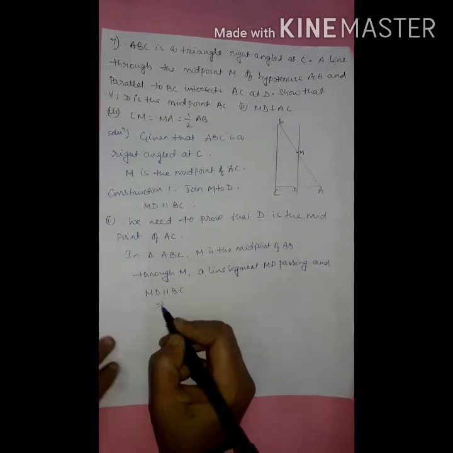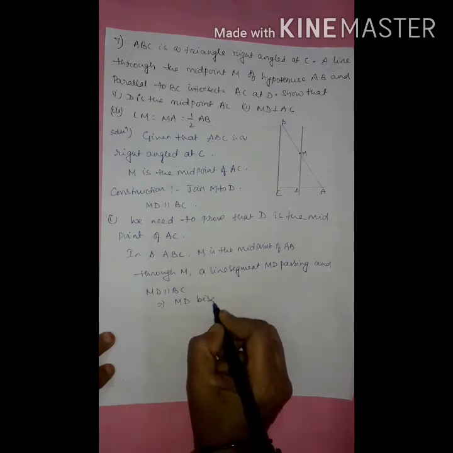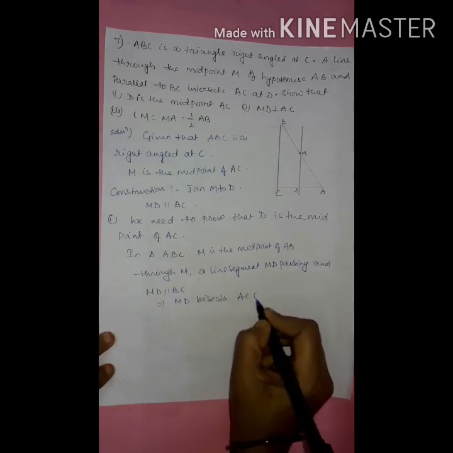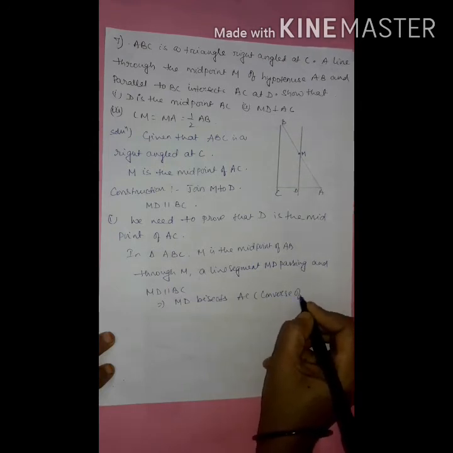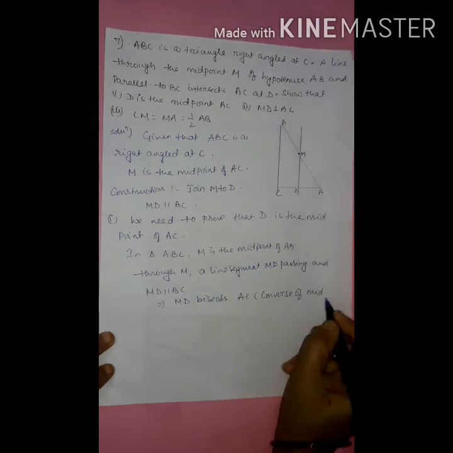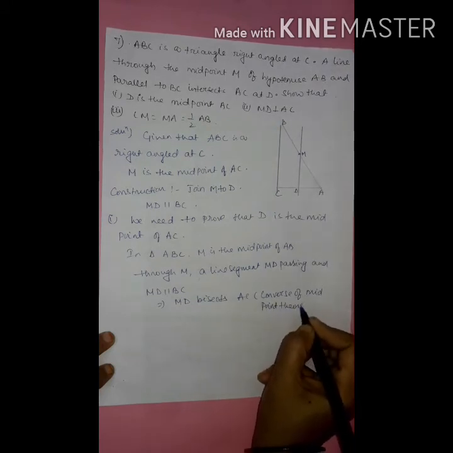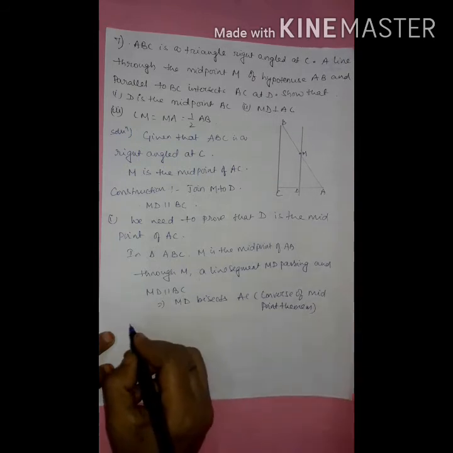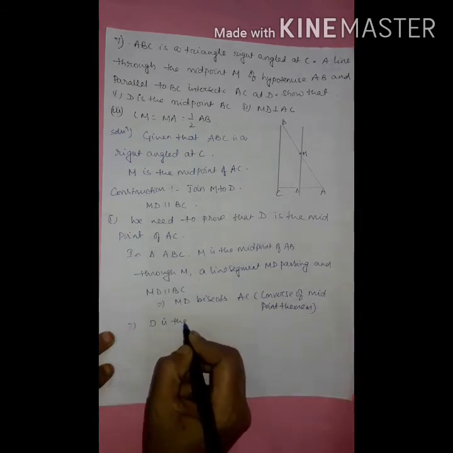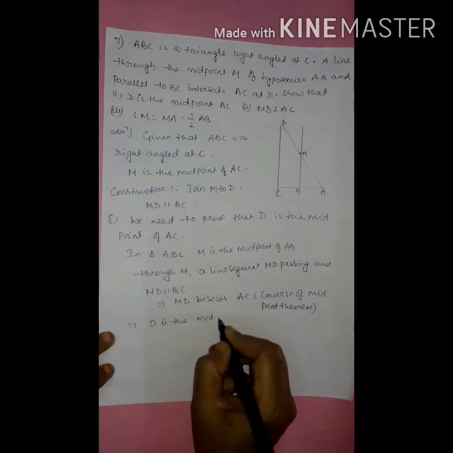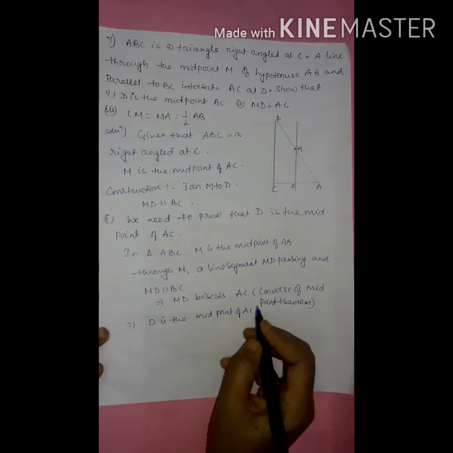This implies MD bisects AC. This is the converse of midpoint theorem. This implies D is the midpoint of AC.